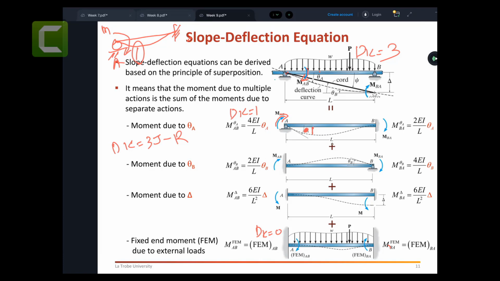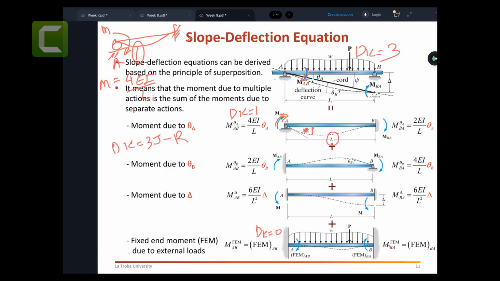How much moment do you think is required to rotate your joint A by 1 degree, like rotation 1? If the length of the beam is L, Young's modulus of the material is E, and moment of inertia I, the amount of moment required to rotate that joint A is 4EI on L. Where does it come from?